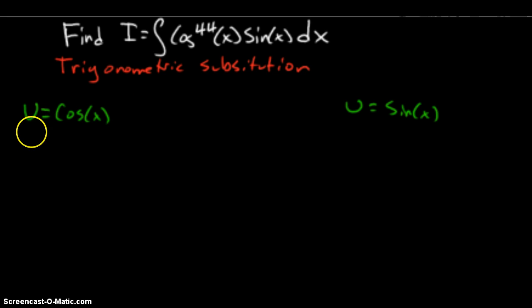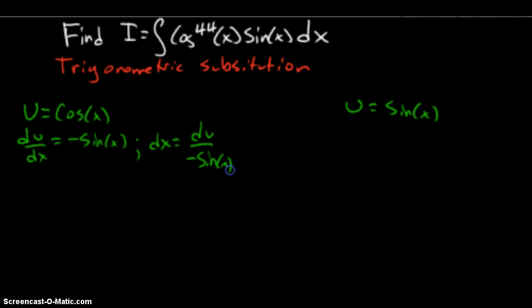So the first thing we should do is differentiate it to find out what our differential is in terms of du. So du with respect to dx gives us the derivative of cosine, which is minus sine x, and that implies that dx is equal to du over minus sine x.